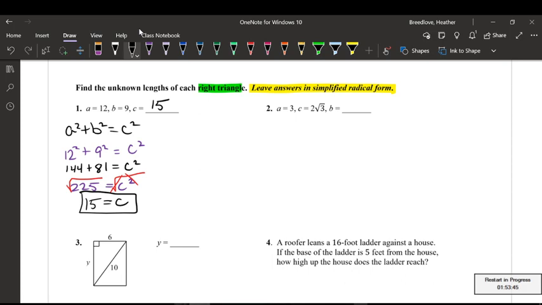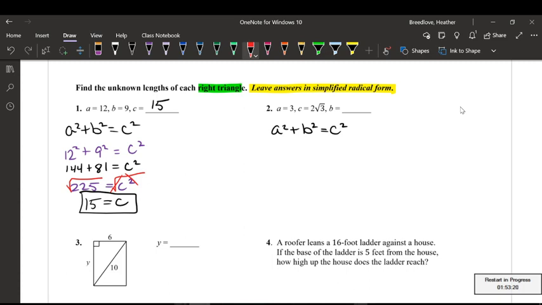And you have to pay attention to which letters you're given. Because on number 1, I was given a and b and told to find c. On number 2, I'm given a and I'm given c and asked to find b. So you have to make sure you get it in the correct order. So again, I'm going to write the formula: a squared plus b squared equals c squared.